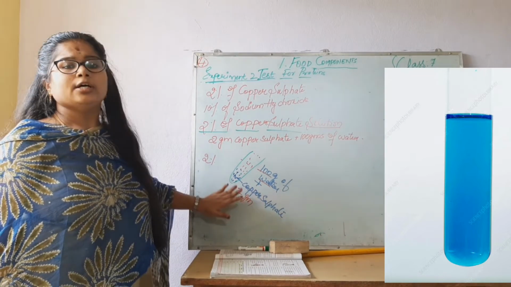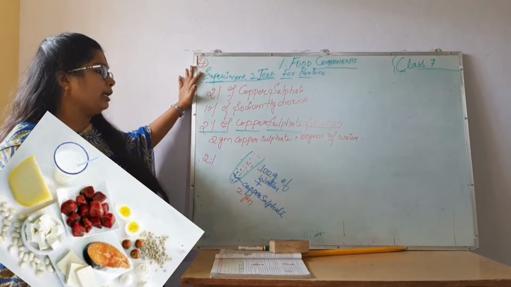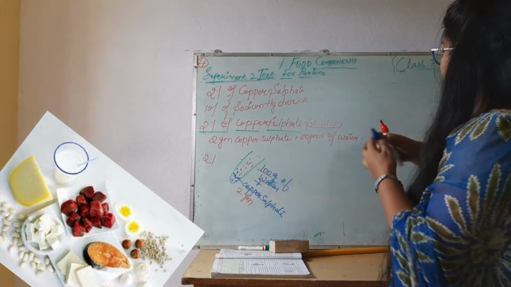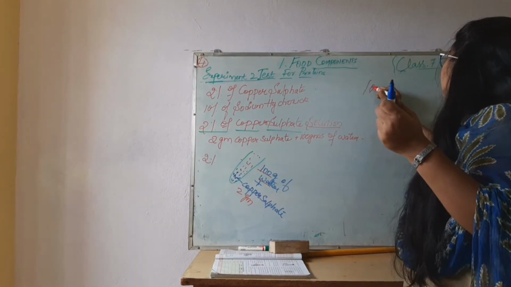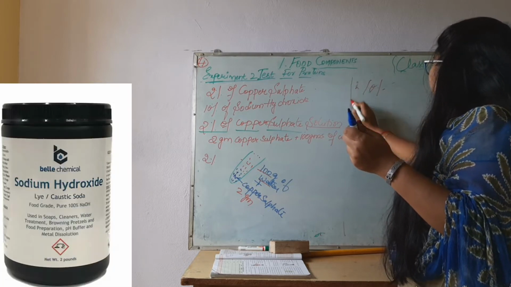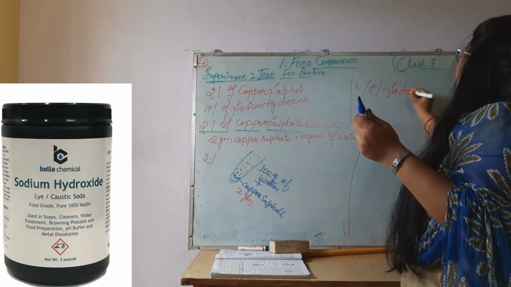Why are you making this? To test proteins in the food item. And next, you need to prepare 10% sodium hydroxide.